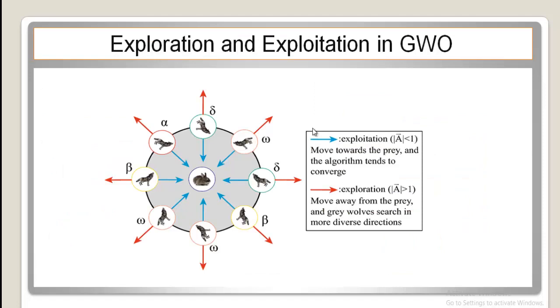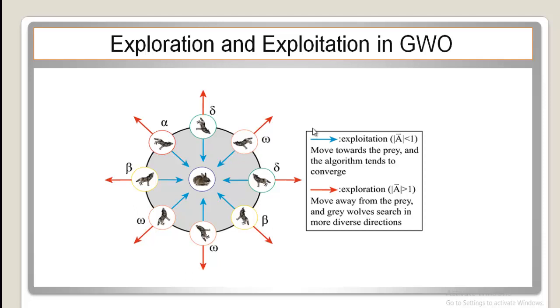Note here in this image, in the center we have the three values alpha, beta, and delta, which represent the best, second best, and third best solution, respectively. They are surrounded by the omega values, which represent the remaining search agents, and the arrow here indicates the movement toward the best solution, representing exploitation where the value is less than 1.